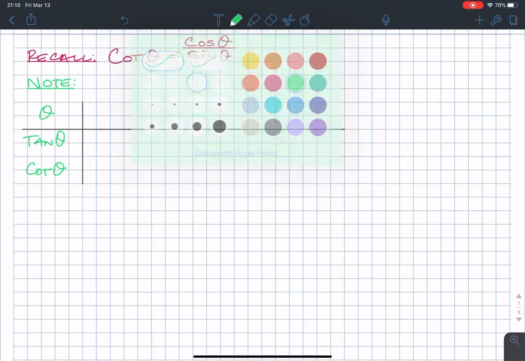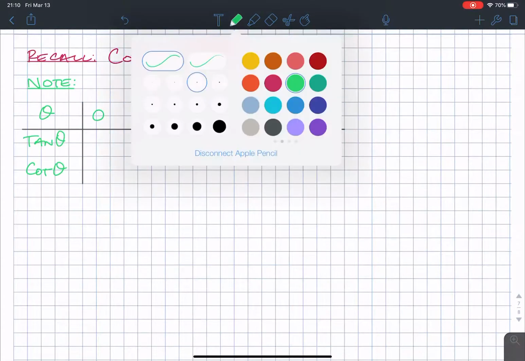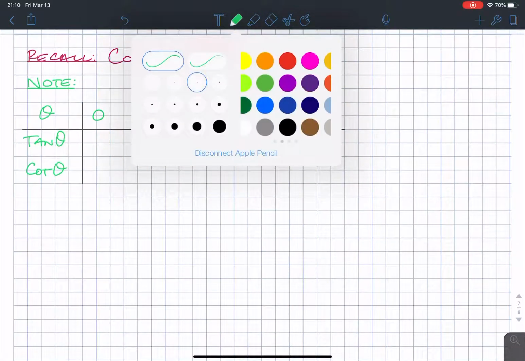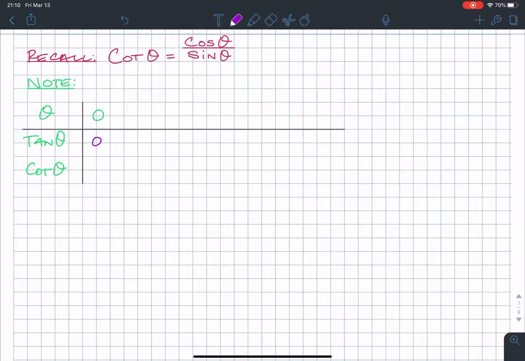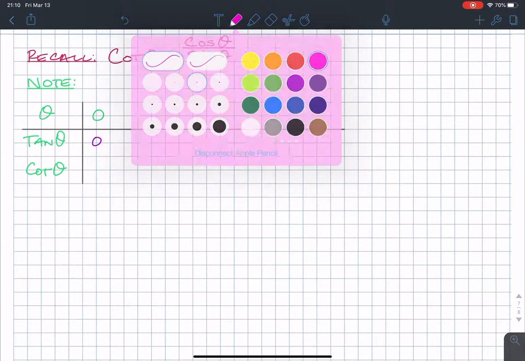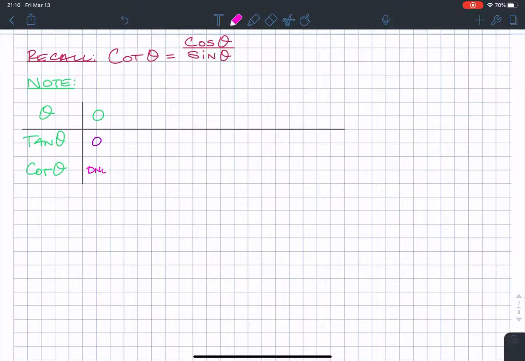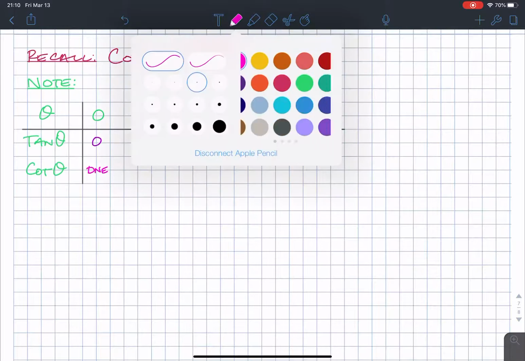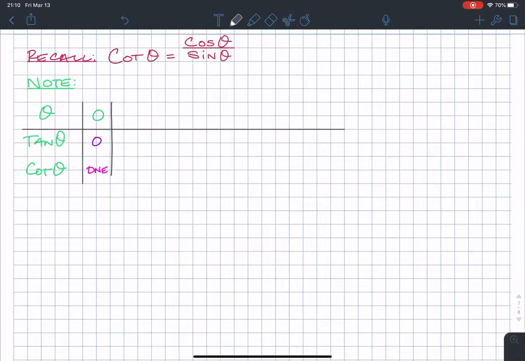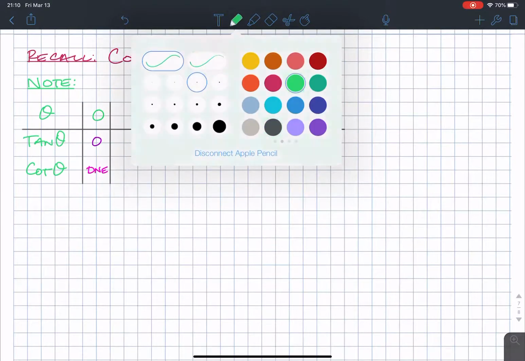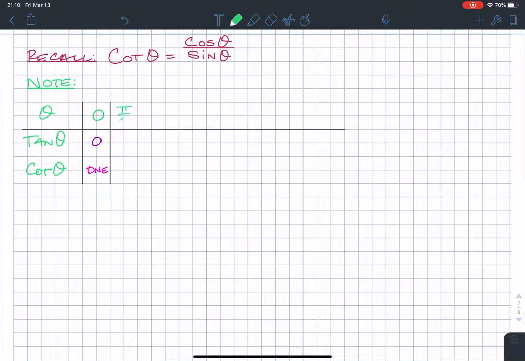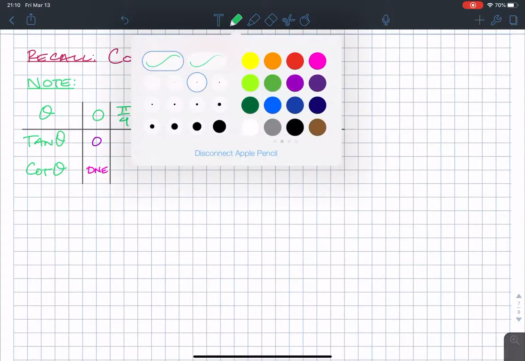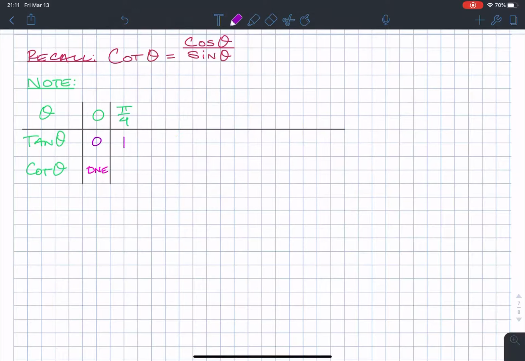So if theta is 0 radians, tangent of 0, recall, was 0. So the reciprocal of 0, thou shalt not divide by 0, is undefined. Let's have theta being pi over 4 radians, or 45 degrees, and we know that tangent of pi over 4 is 1.